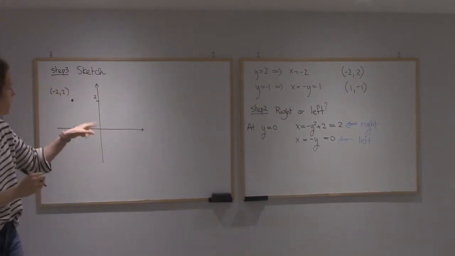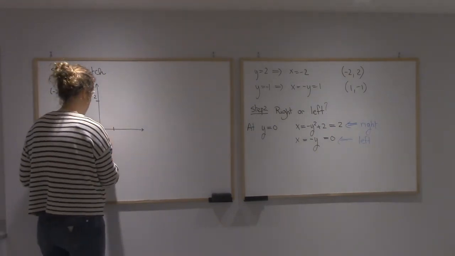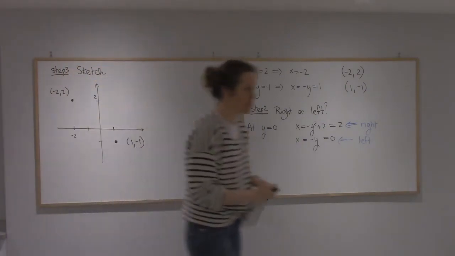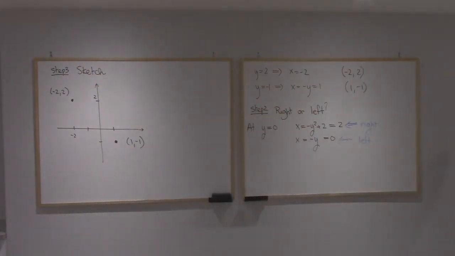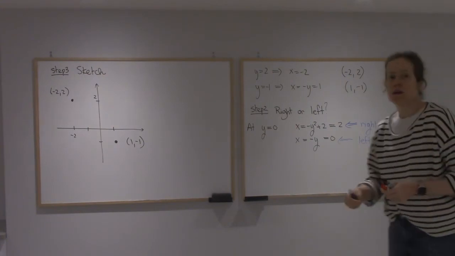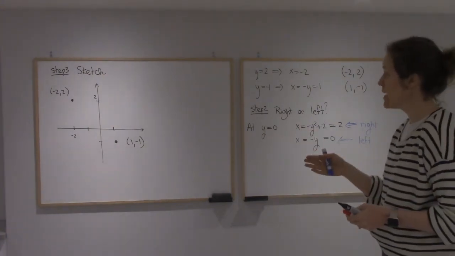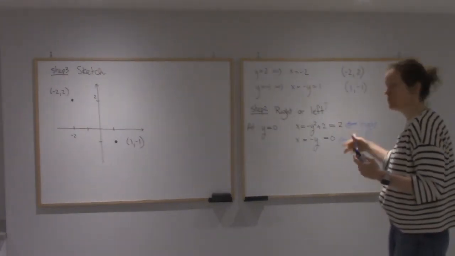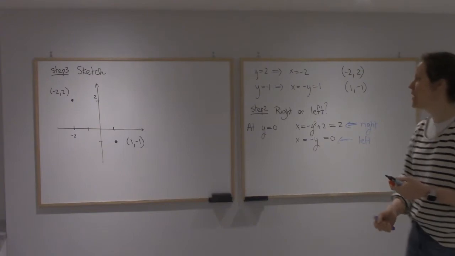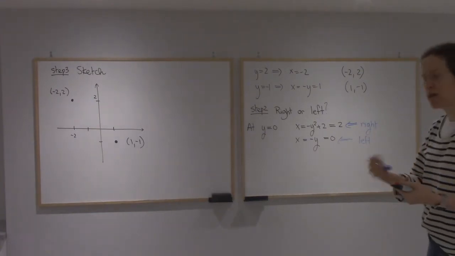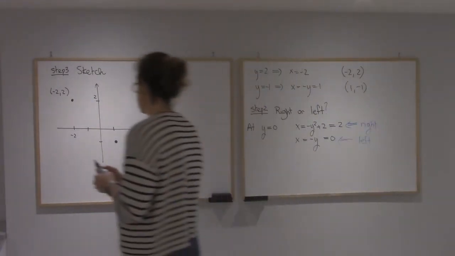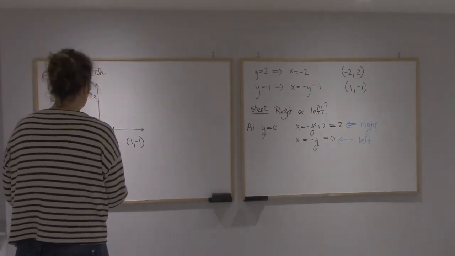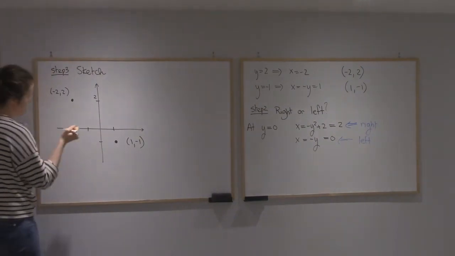And I have 1, minus 1. Now your sketch doesn't have to be precise. It does have to pass through these 2 points and have the right side and the correct left side. But let me sketch it nicely so that our job in the second part will become easier. So x equals minus y, that's a straight line through these 2 points.